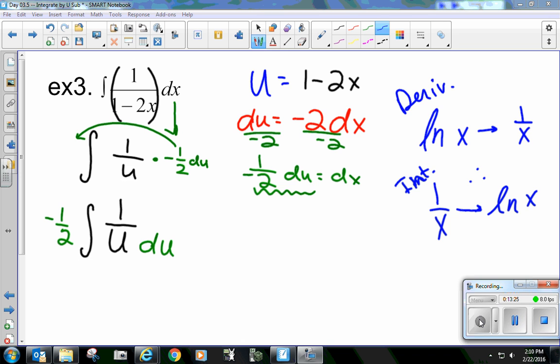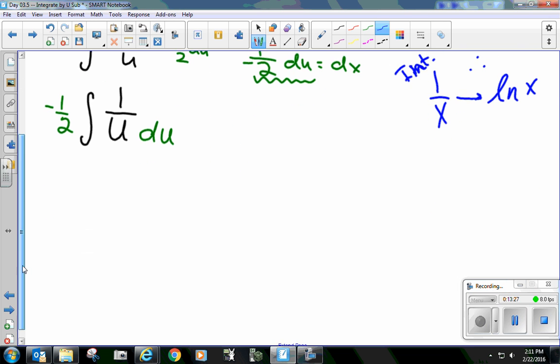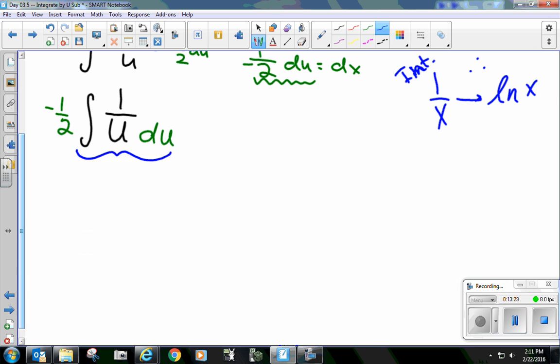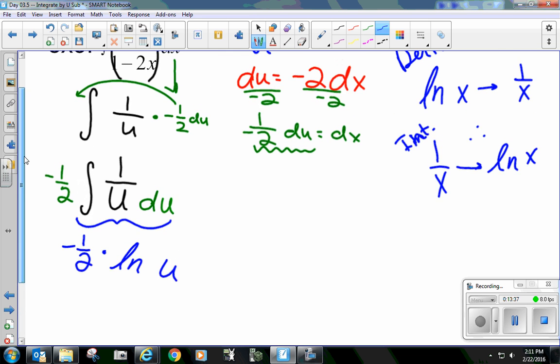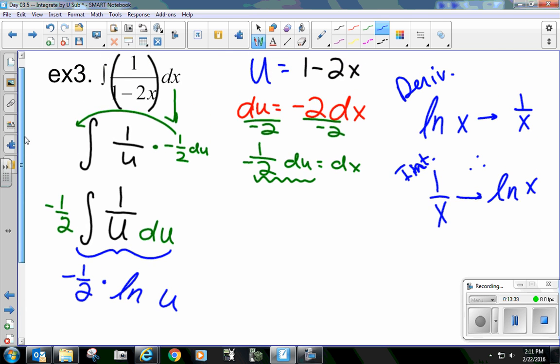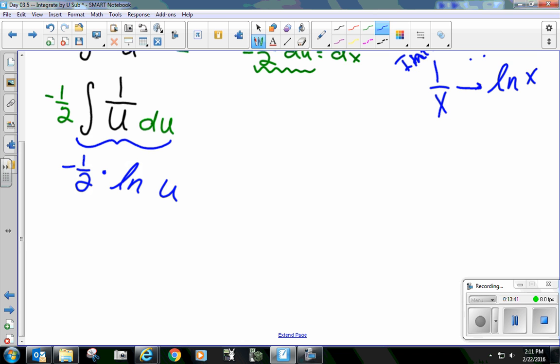What is the integration of 1 over u? The ln of u times my negative 1/2 out front. And what was u? 1 minus 2x, right? So we have negative 1/2 times the ln of 1 minus 2x.